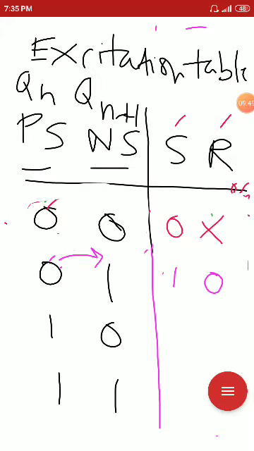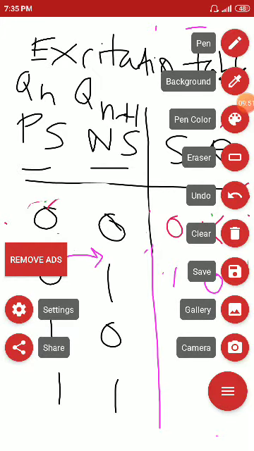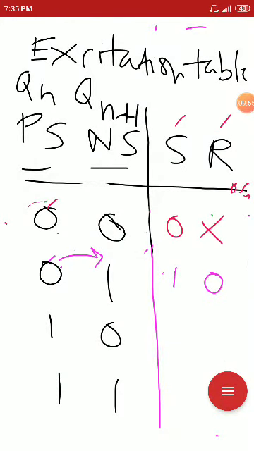Now the next state to be checked is the 1 0 combination. For this combination the state changes from 1 to 0, the output becomes 0. For an SR flip flop, for the output to become 0, S has to be 0 and R has to be 1.